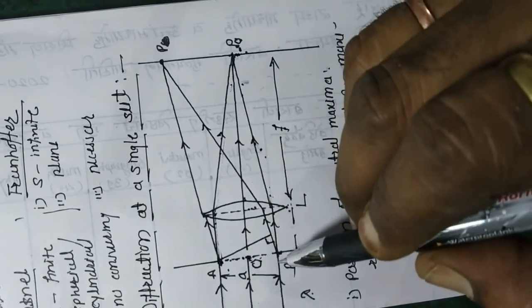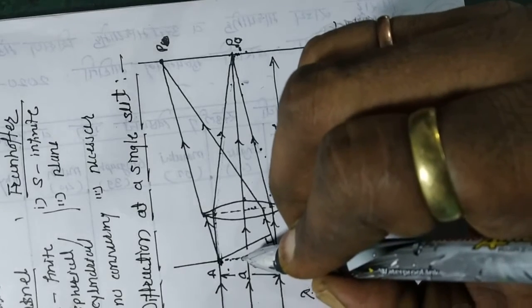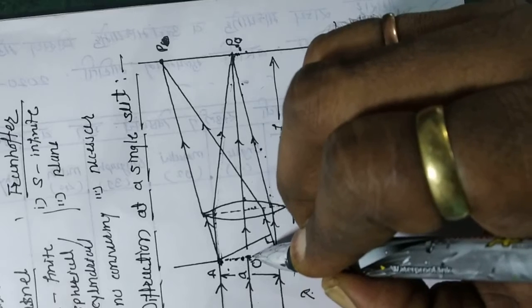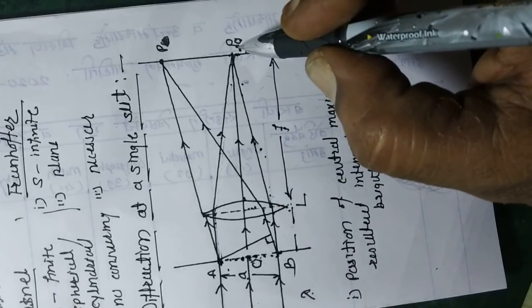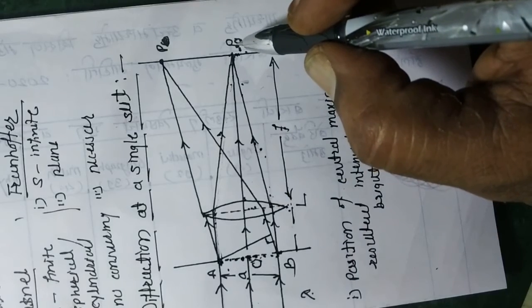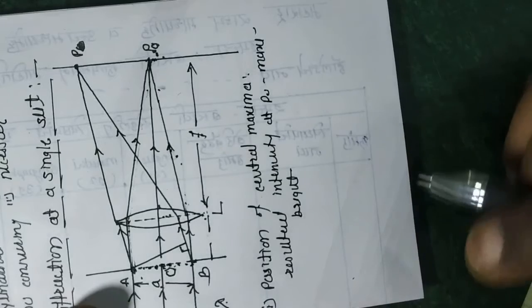Also, the path difference between each point in the upper half and the corresponding point in the lower half reaching P naught is 0, and hence point P naught is of maximum intensity, called the position of central maxima.